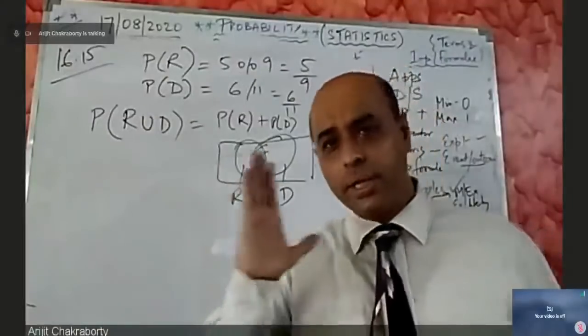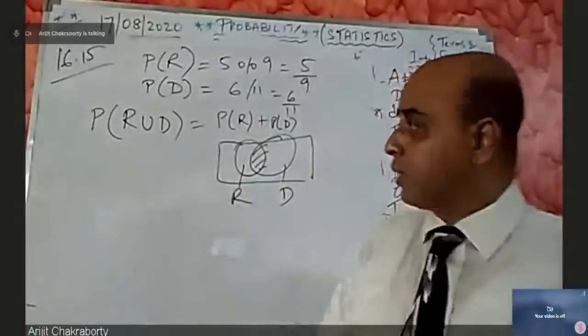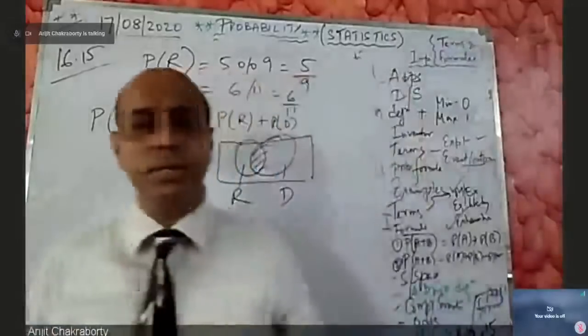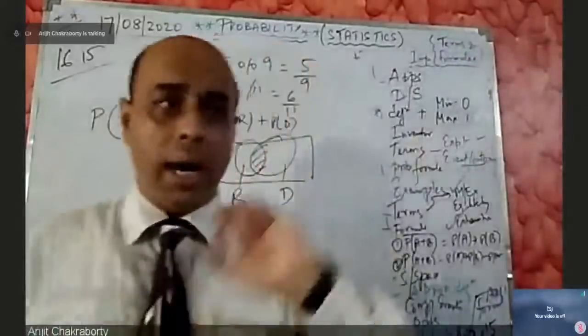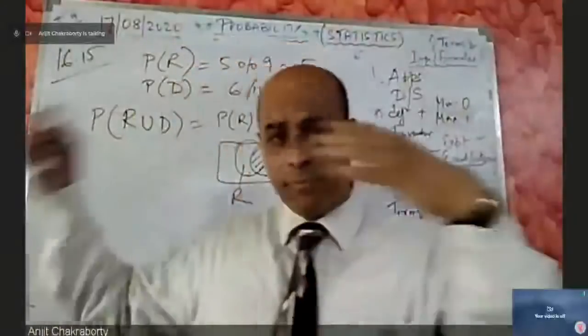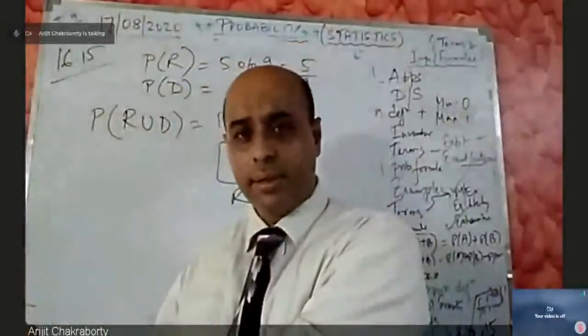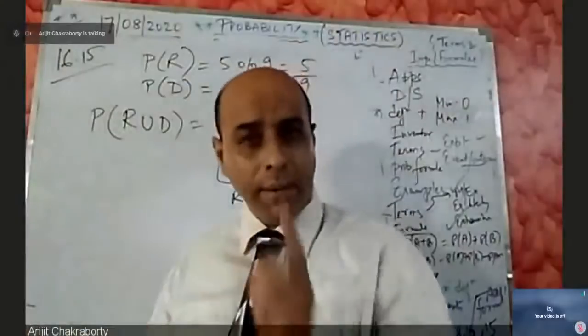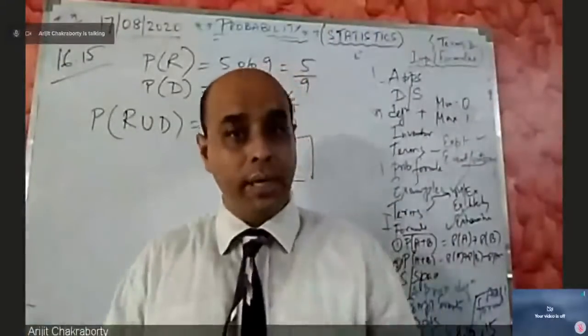Please note, they are not mutually exclusive, because mutually exclusive means either I fail or I pass. Either I hit or David hits, if I am Rupesh and I have David with me. But there can be a chance that both can also hit simultaneously.